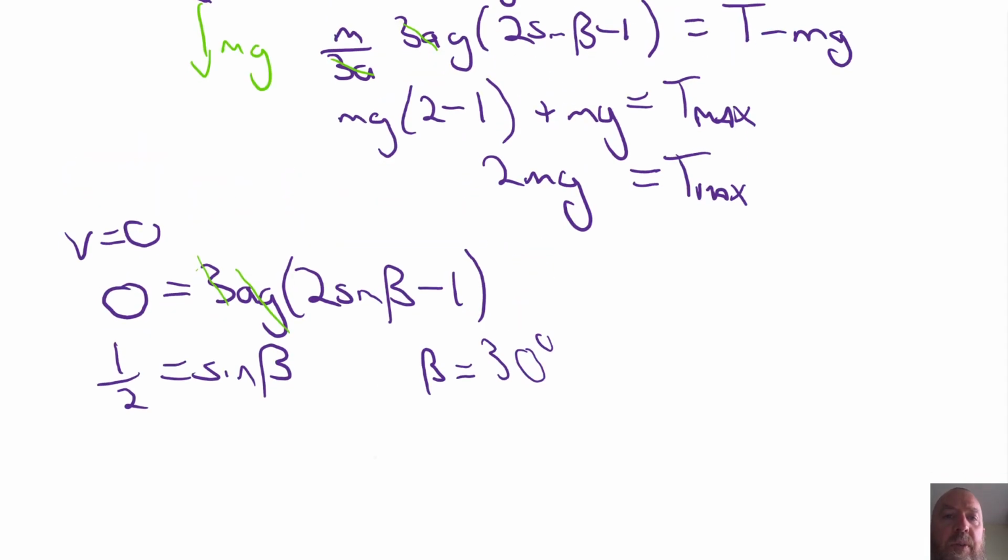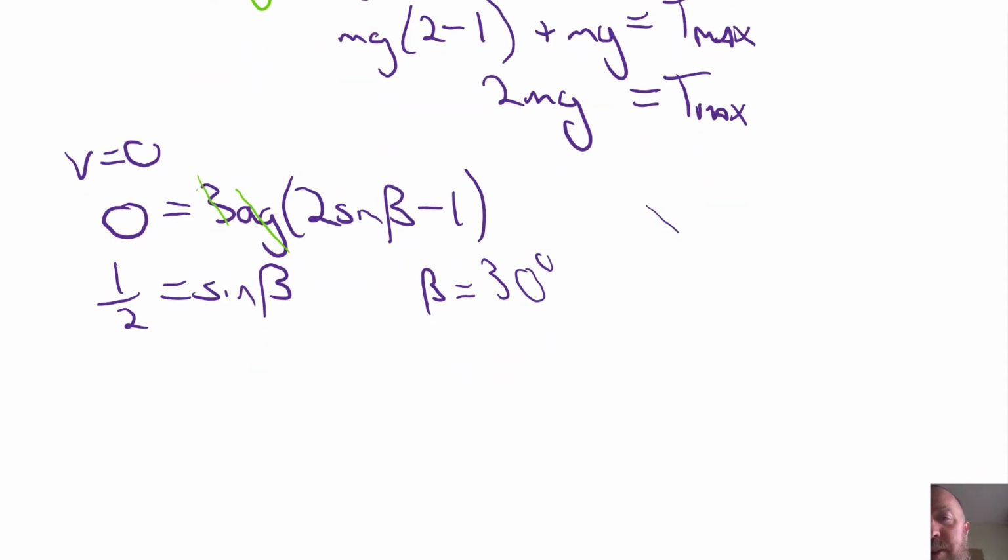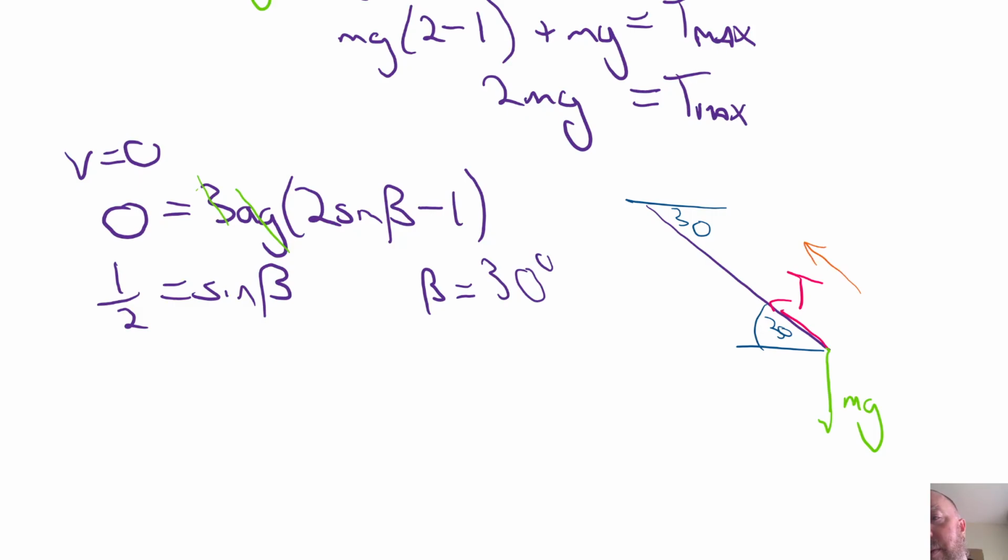So all you have to do then, we draw our little situation so we know what's happening. We have our mg down, we have our tension up. We know that's 30 degrees, that's 30 degrees. And we know our mv squared over r. Decompose your gravity to see how much of it is working against our tension.